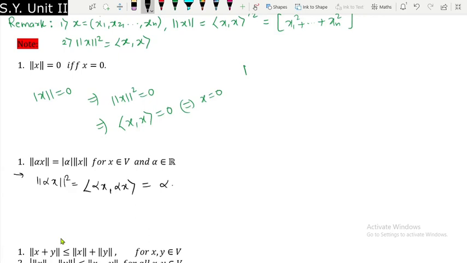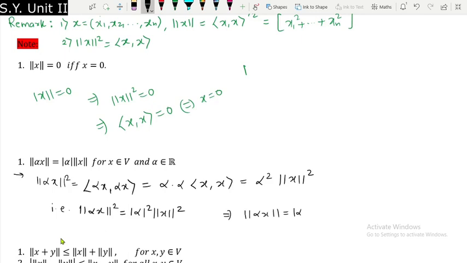Now both alphas can be taken out, so it is alpha square times the inner product of x with x, and the inner product of x with x is nothing but norm of x square. So norm of alpha x square will be equal to, alpha square can be written as mod alpha square, times norm of x square. If you take positive square roots on both sides, this will imply norm of alpha x is equal to mod of alpha times norm of x.